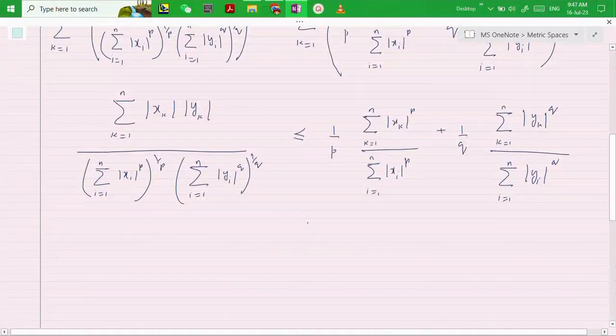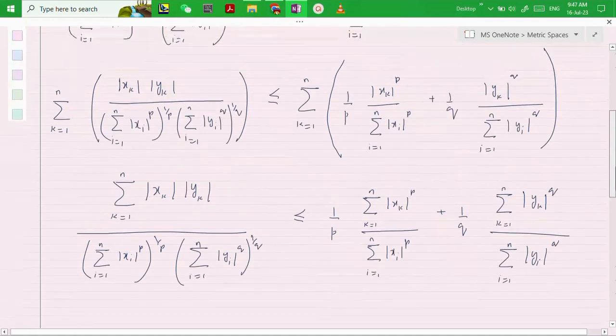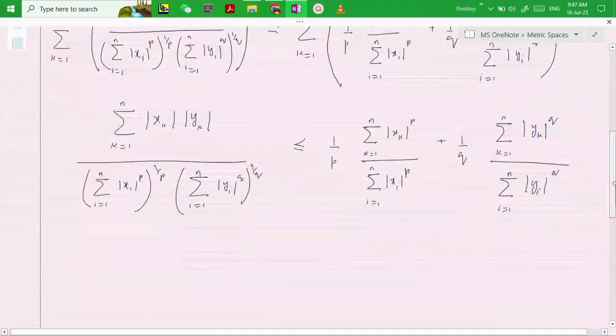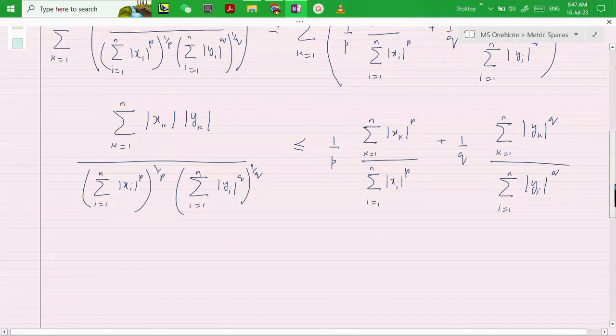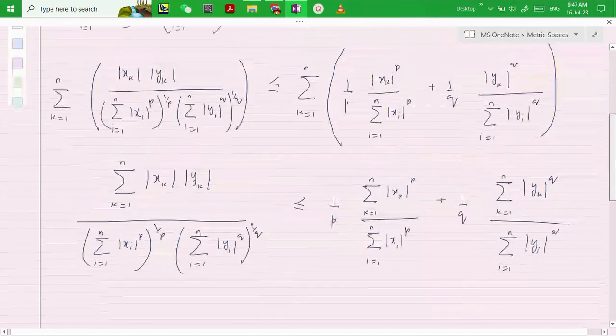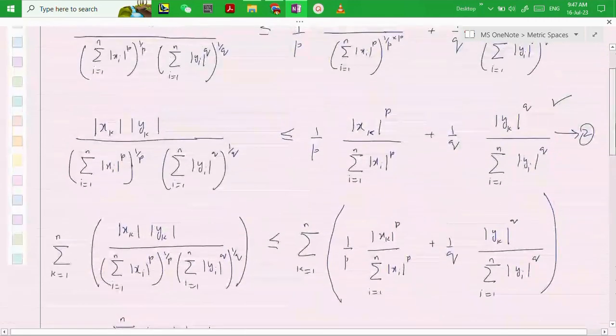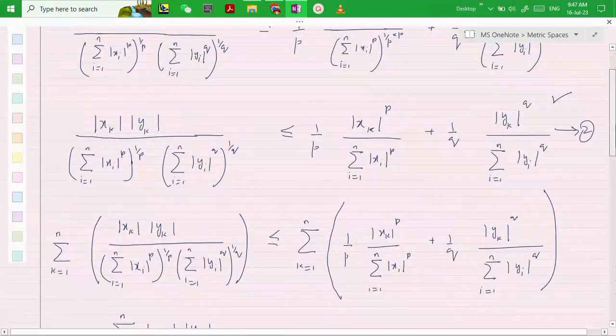So this is our sum of all the n number of inequalities. So we sum n number of inequalities by adding the left hand sides and the right hand sides of equation number 2.